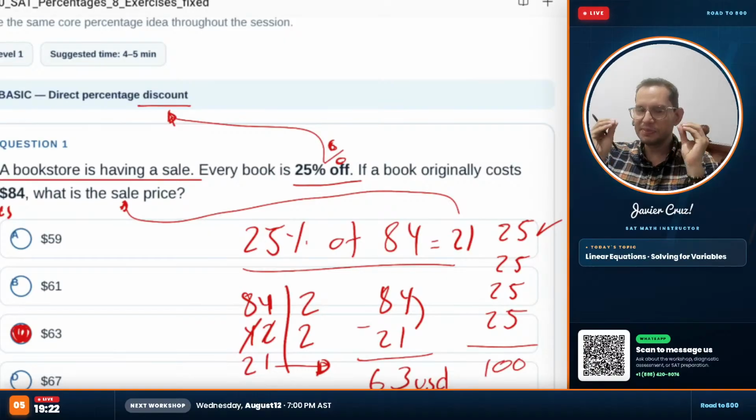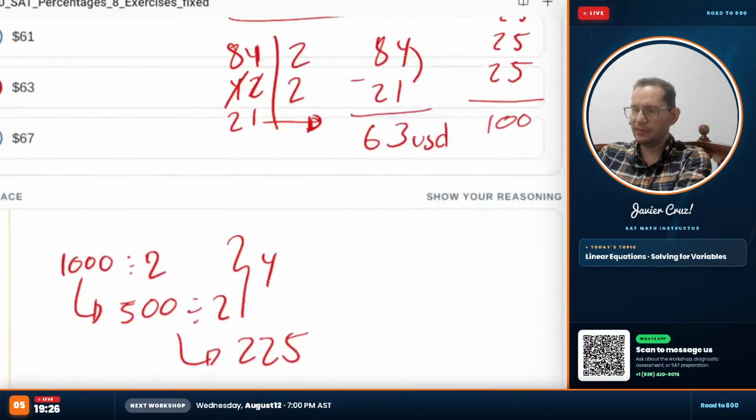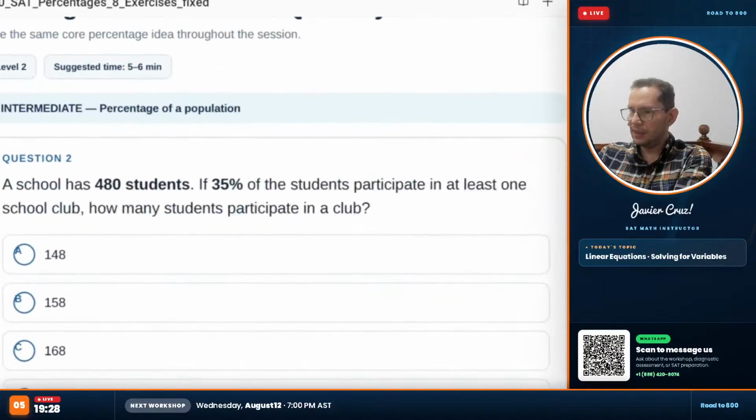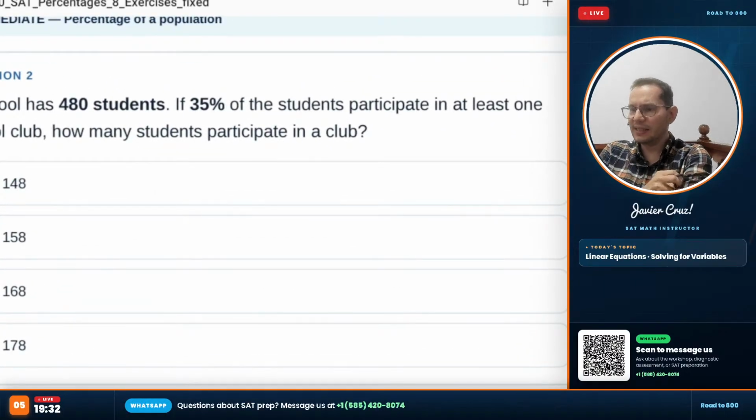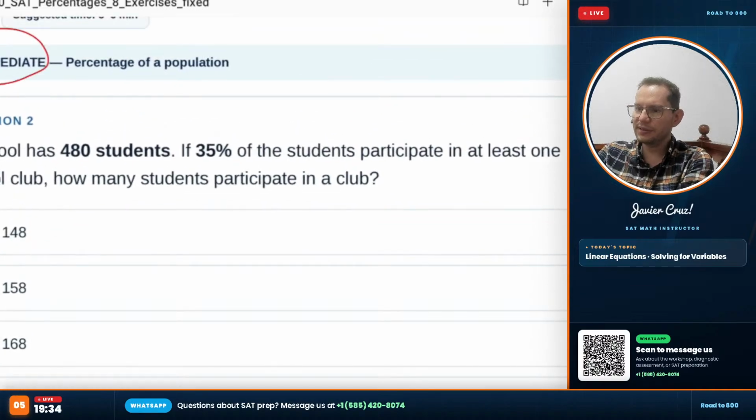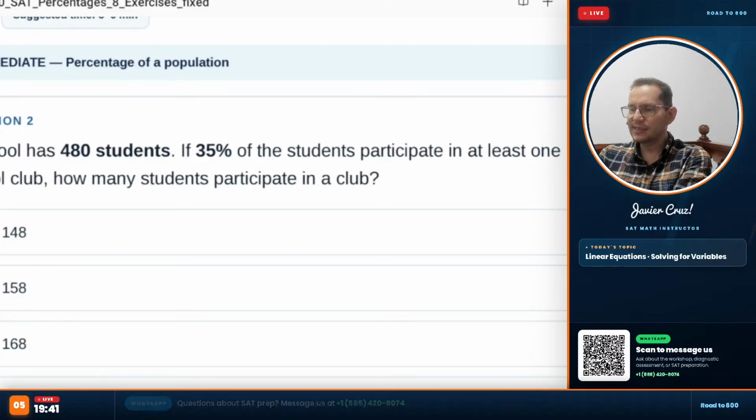So the concept is pretty easy, but some problems could be really hard, right? So let's continue with other problems here. It says that a school has, it's an intermediate level. A school has 480 students, right?